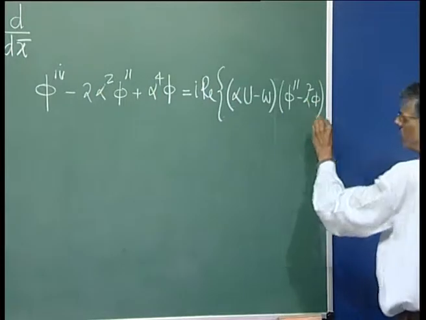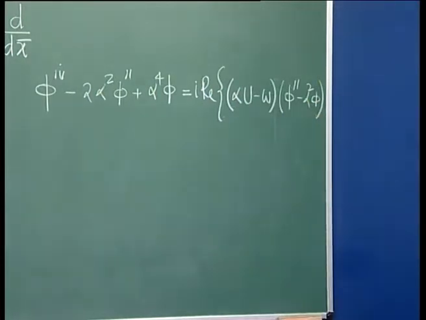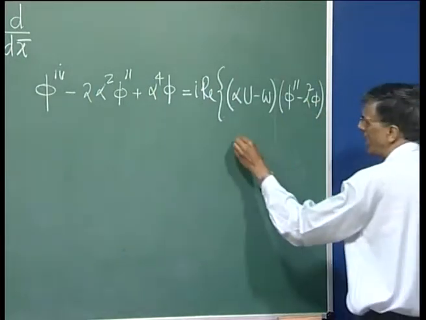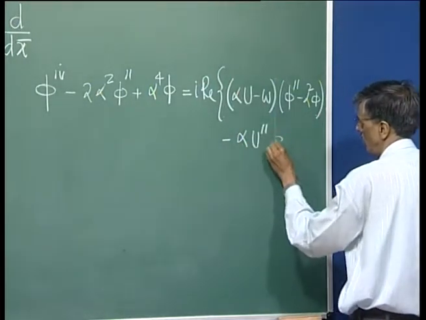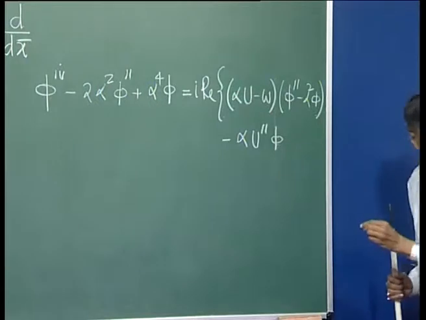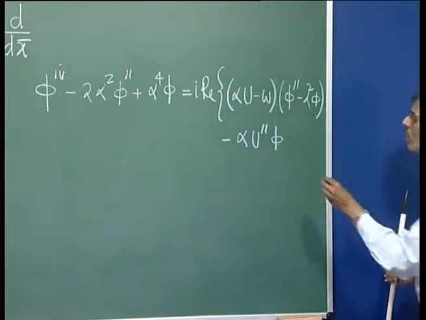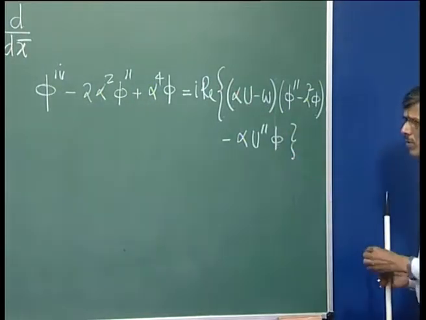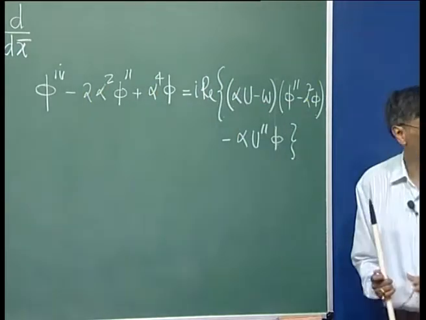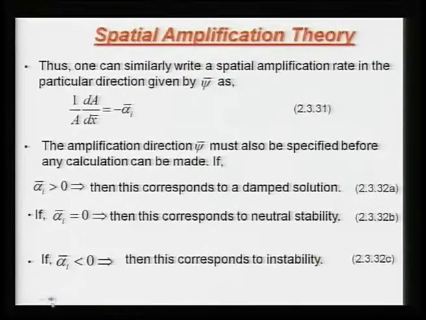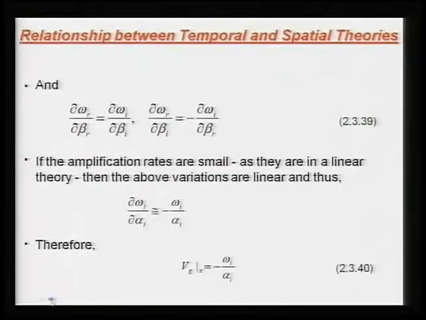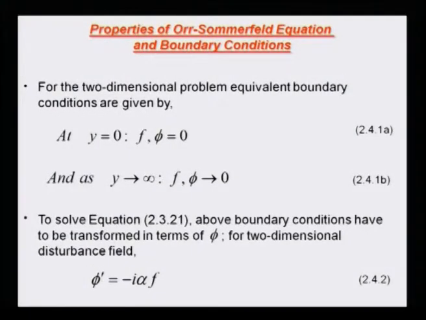We are writing it for a 2-dimensional disturbance, and the other term is this. So, this is your Orr-Sommerfeld equation that we would just keep here with us, and then we will talk about this.